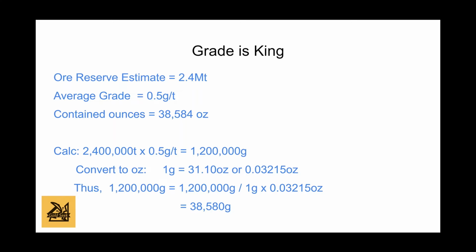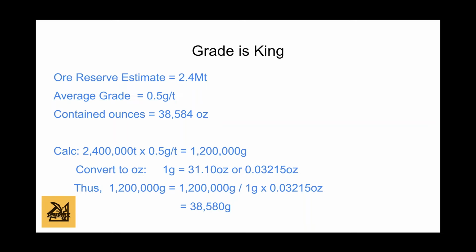Pretty simple. 2.4 megatons is the equivalent of 2.4 million tons. You convert that into grams by multiplying with the average grade, which is 0.5 grams per ton, and that works out to 1.2 million grams.